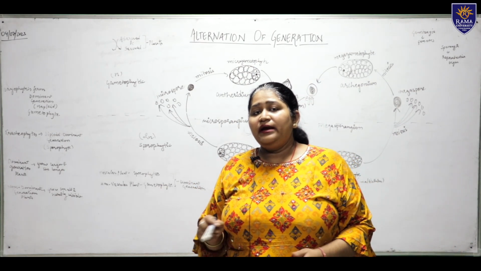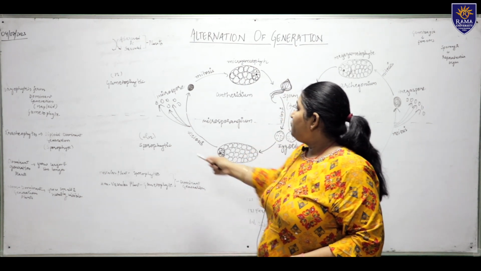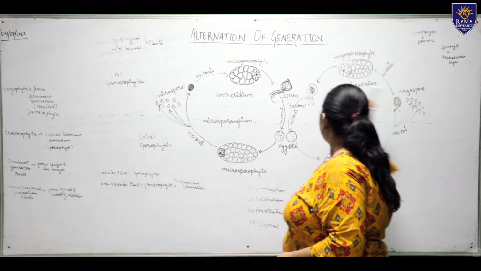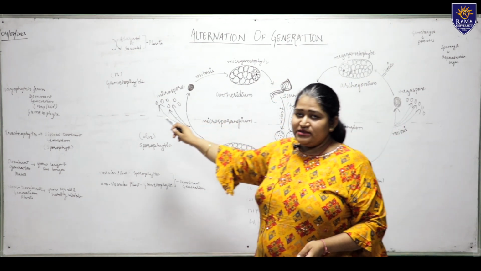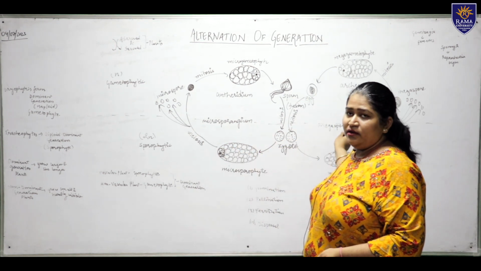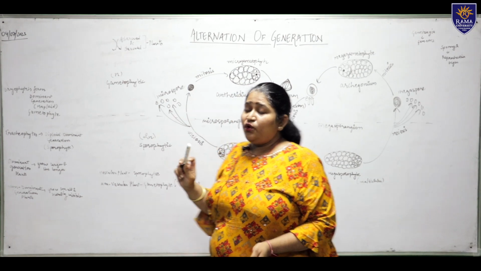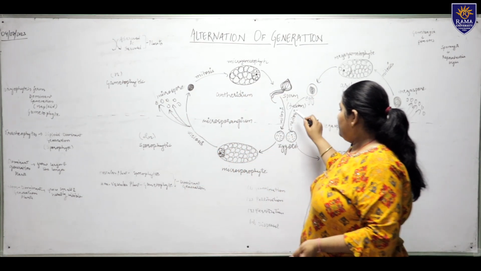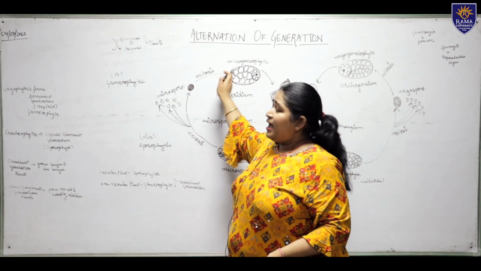The sperm and egg will fuse to form a zygote. From the microspore or megaspore generation up to fusion, this state is in haploid form, so this is the gametophytic stage. So there is a conversion from haploid to diploid and from diploid to haploid.